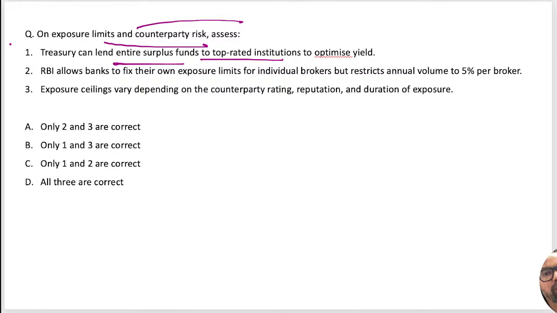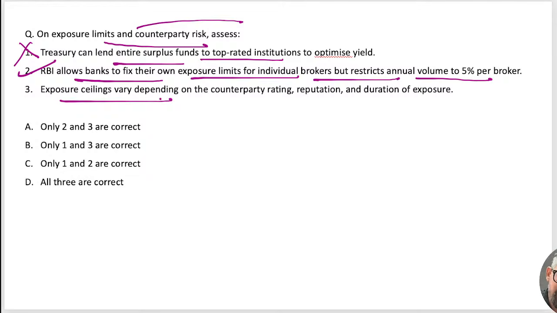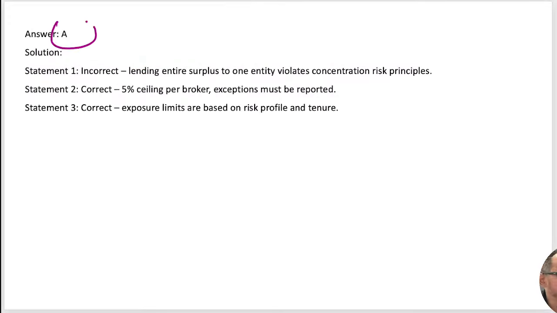There must be diversification, so this kind of act will not be suggested, right? RBI allows banks to fix their own exposure limit for individual brokers, but restricts the annual turnover per broker to 5%. This is true. Exposure ceiling varies depending on the counterparty rating, reputation, and duration of exposure. So 2 and 3, option A only will be the right answer for this one, right?